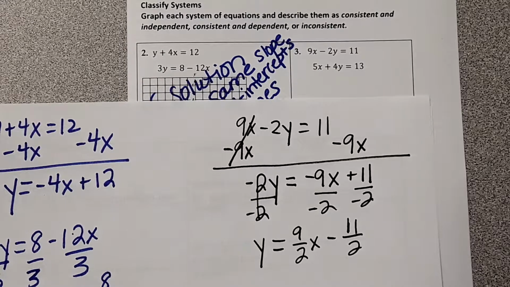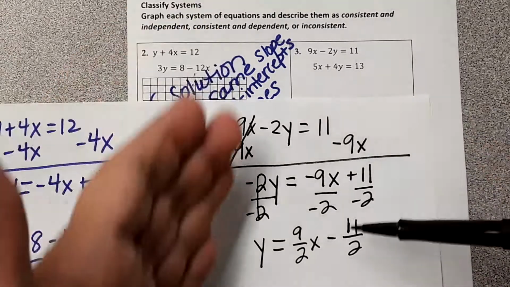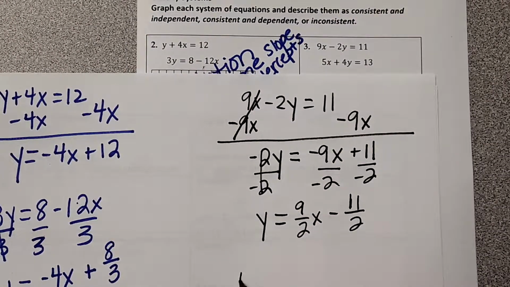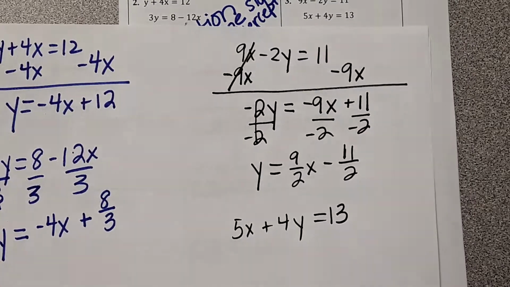It's okay. Okay, so that's the first one. Now we need to fix the second one. I don't mean fix, but write it in slope-intercept form. So we wrote the first one in slope-intercept form. Now we're going to write the second one. So I have 5x plus 4y equals 13. What do I do now? Put it in slope-intercept.